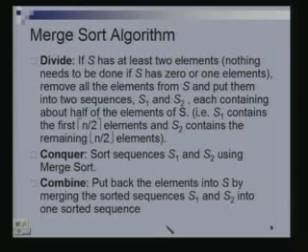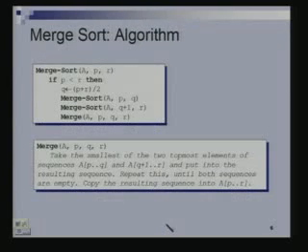So, everyone understands what the algorithm is. For instance, this is a pseudocode for the algorithm. I give you an array A, and P and R identify the part of the array, the lower and the upper bound, which needs to be merge sorted, right.